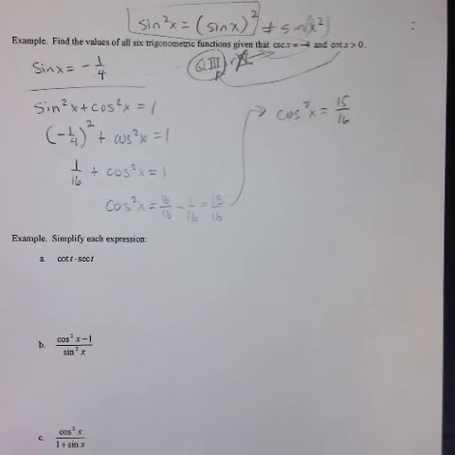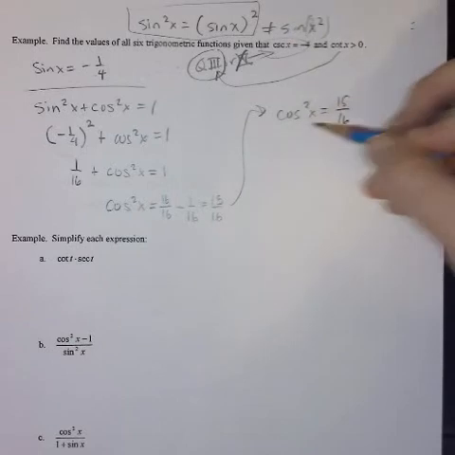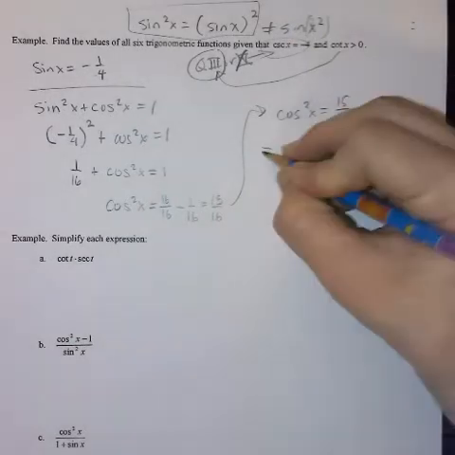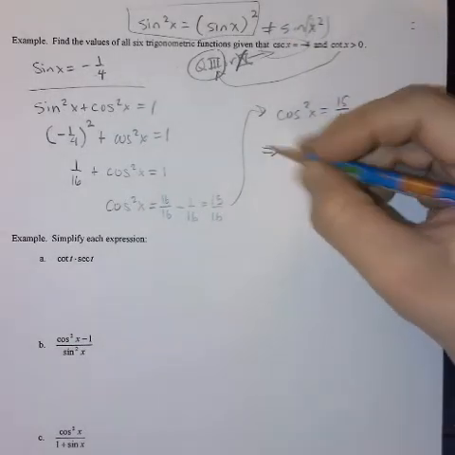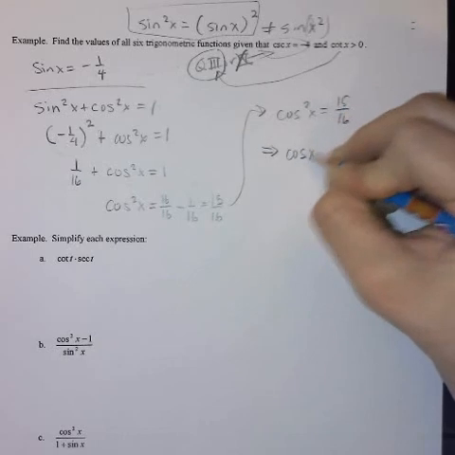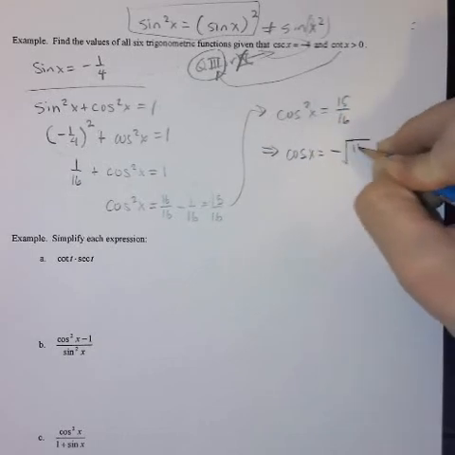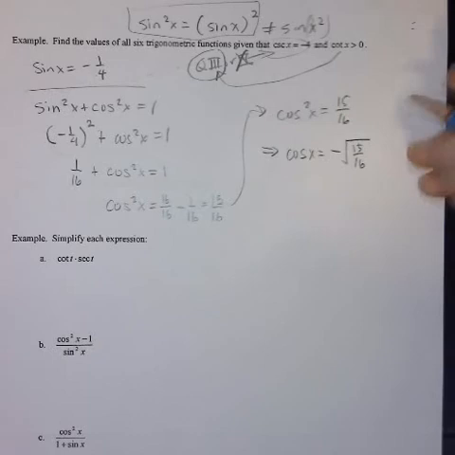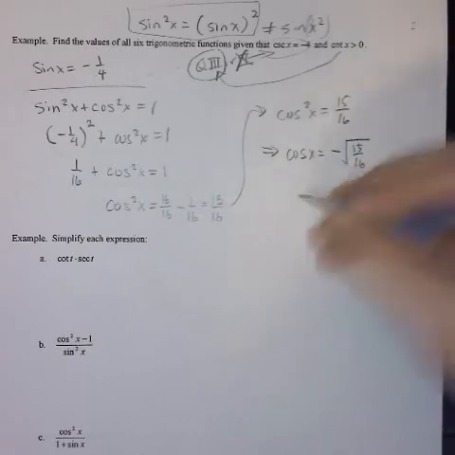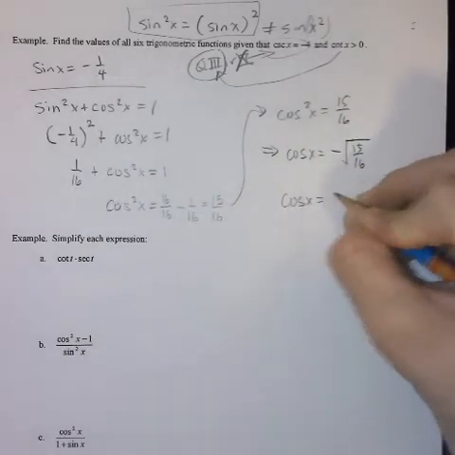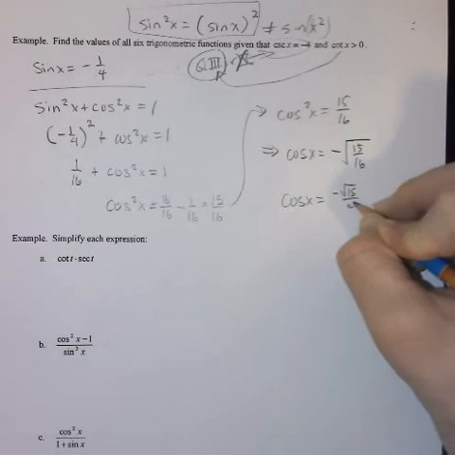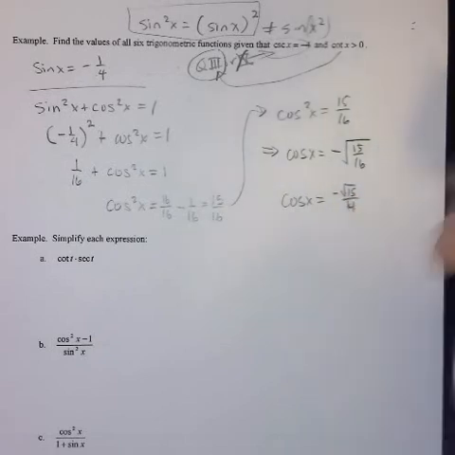Remember, tangent alternates, right? So it's positive in the first and the third. So cosine is negative in quadrant 3, so cosine of x is negative square root of 15/16. So cosine of x is negative square root of 15 over 4. You should reduce the perfect square under the radical.